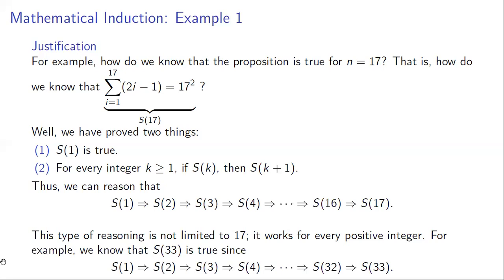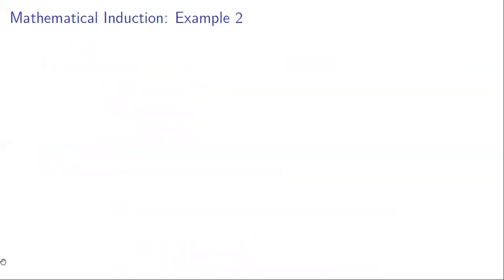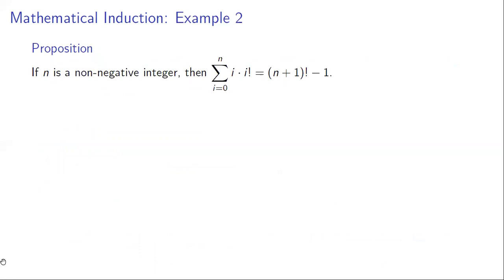All right, let's do another example involving sums. So here's the proposition. It says if n is a non-negative integer, then the sum from i equals 1 through n of i times i factorial is equal to n plus 1 factorial minus 1.